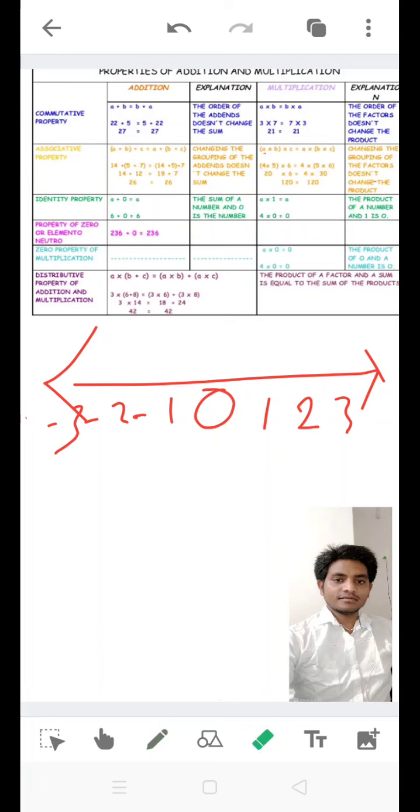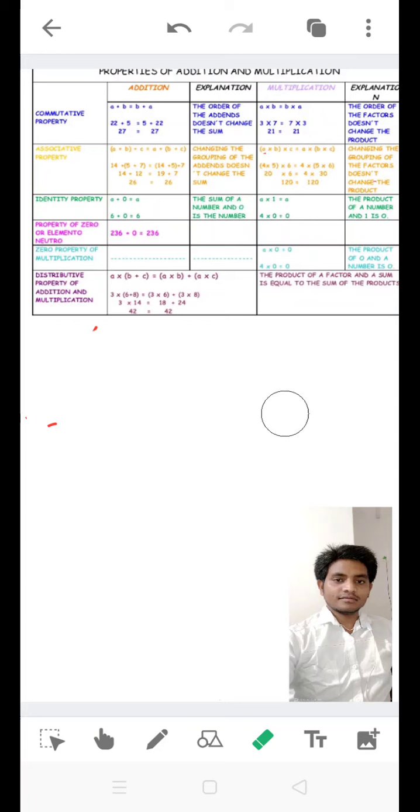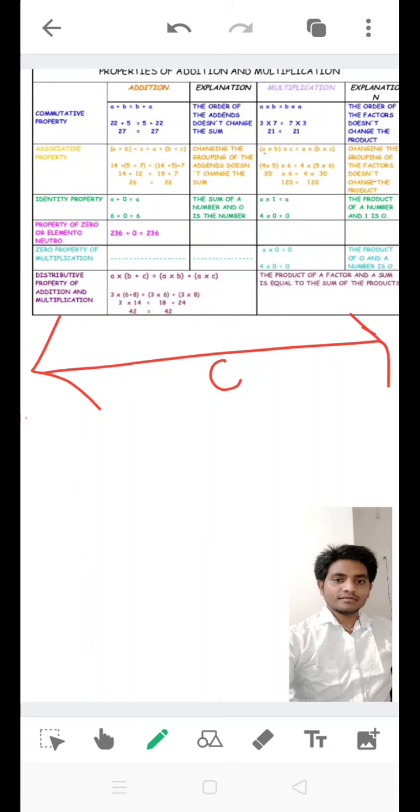This is the integer line. 0, 10, 20, 30, -10, -20, -30. Okay, -20. Then we see this integer line.